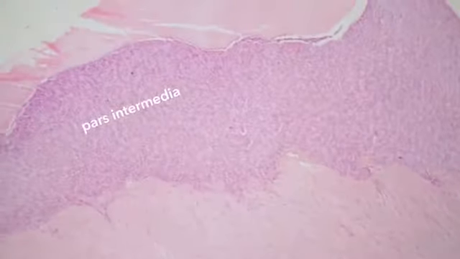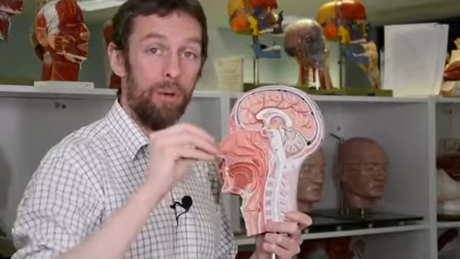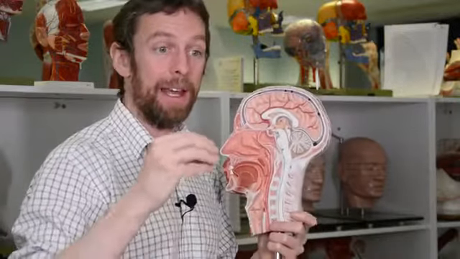So those cells are very glandular. But in the posterior pituitary gland, if we look at those cells, they look more like nerves, because they are. And there we find vasopressin, also known as ADH, or antidiuretic hormone, and oxytocin being released. So ADH, or vasopressin, has an effect on the kidney, doesn't it? And kidney function. It has an effect on regulating blood pressure.